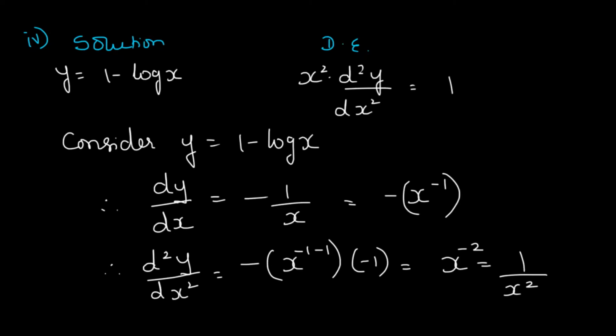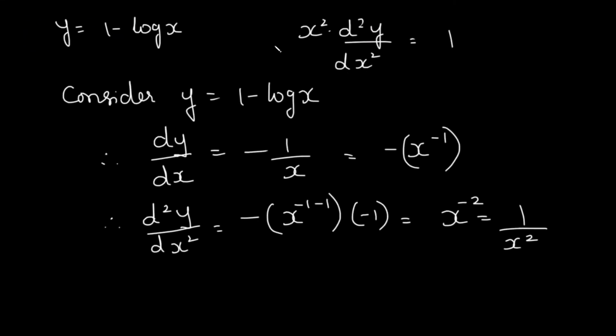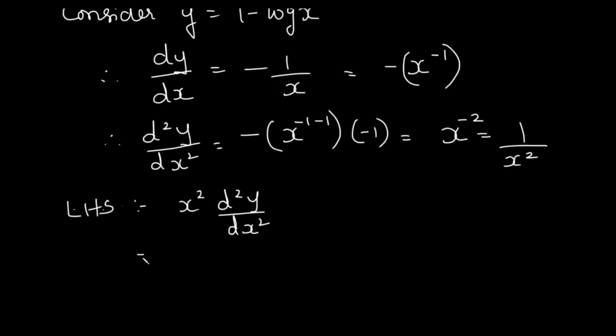Now take the LHS of the differential equation. LHS is x square d2y by dx2, which we can substitute and write as x square into 1 upon x square.